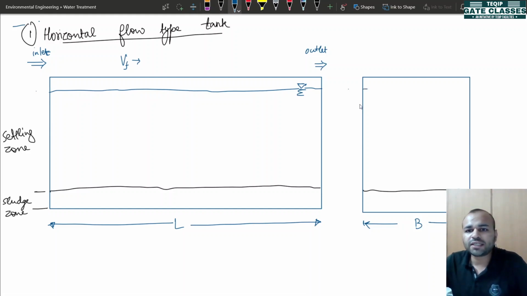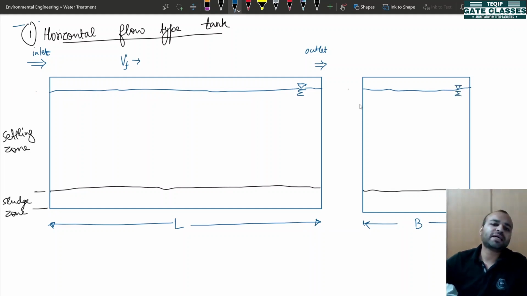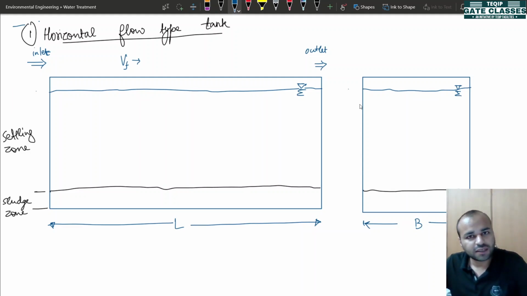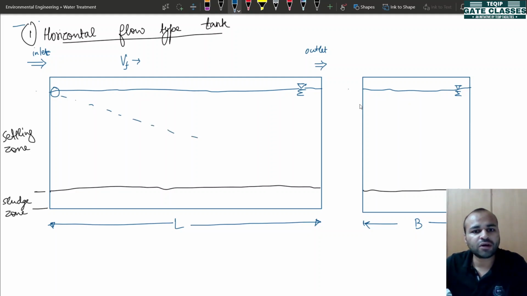Before starting this analysis, there are two assumptions behind it. The first assumption says that a particle, for example one that is here on the surface, travels to the bottom of the tank, or to the bottom of the settling zone.